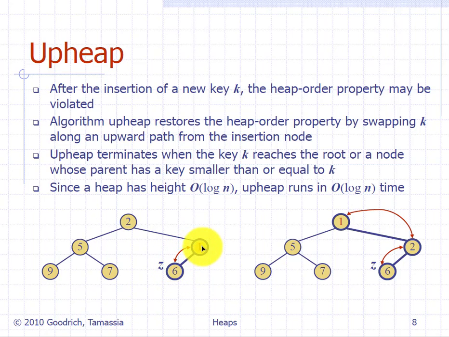Then we would have swapped the 3 with the 6, and then we would have been done. We wouldn't need to swap the 3 with the 2 because 2 is less than 3. So my point is that the heap order property can be satisfied halfway through swapping. But we are interested now in calculating the worst case, which is the possible path it would need to take to get from the leaf node right to the top.